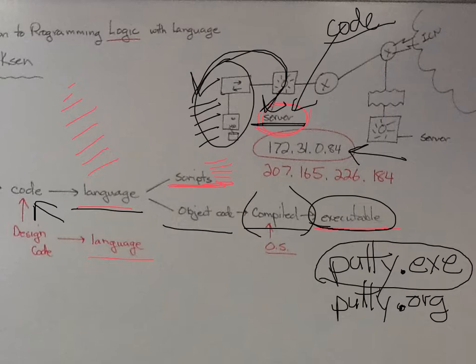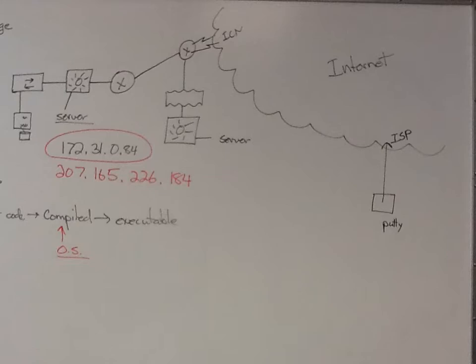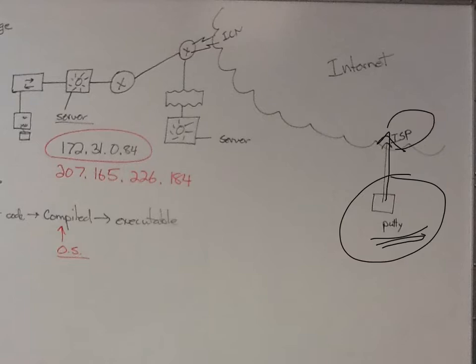Now, on the last page here, if you're at home on a computer, you can download PuTTY. You're connected to the internet through your internet service provider, and you get PuTTY from some other cloud connected to the internet, and it goes to your computer. Now you can run PuTTY there to access our server here on campus. We create a translation where this number and this number translate to each other.